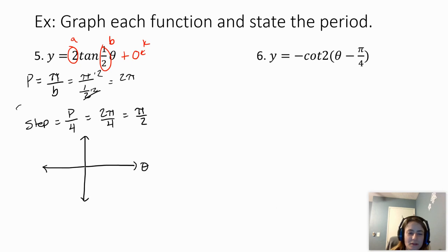So usually we would go from the origin 2 tick marks to the right and 2 tick marks to the left. And these tick marks, or these steps, is pi over 2. So this will be pi over 2, this will be pi, and to the left would be negative pi over 2 and negative 2 pi over 2, or negative pi.